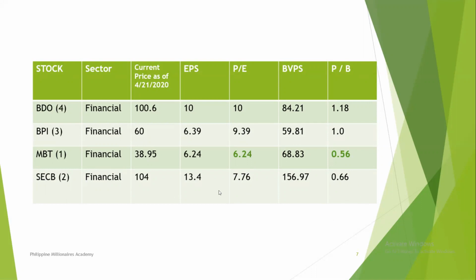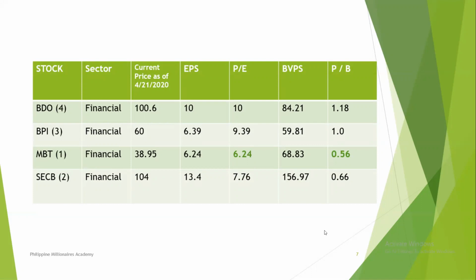Next to Security Bank is BPI, which has a PE of 9.39 and PB of 1.0. So this is how you determine whether a stock price is cheaper or expensive relative to the other stocks across its sector.